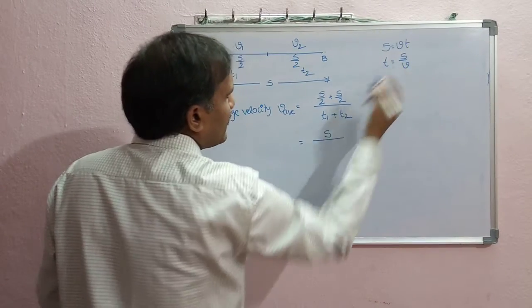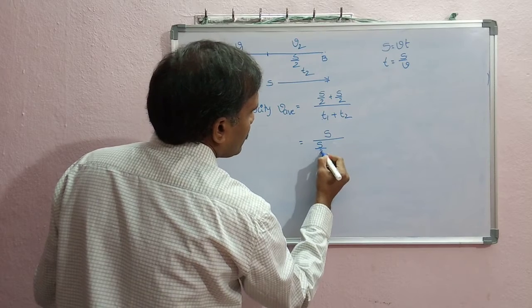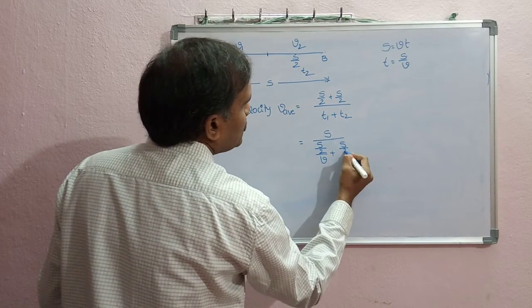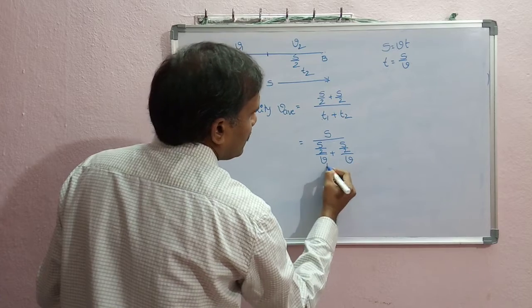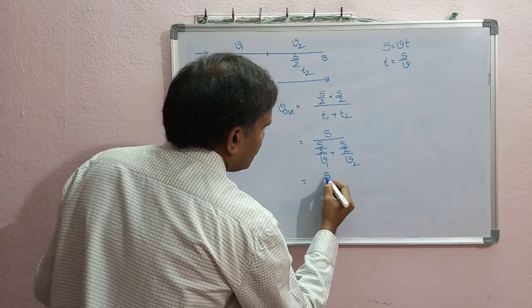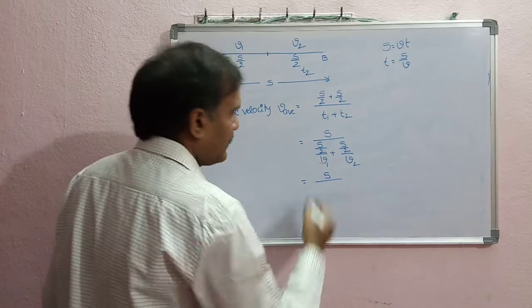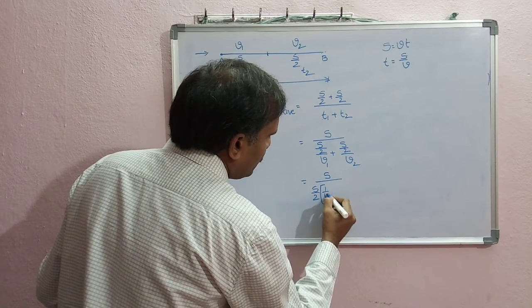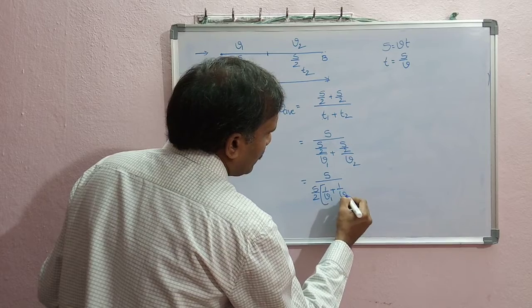S by 2 divided by V1, plus T2 becomes S by 2 divided by V2. Then S whole divided by S by 2 is taken as common, 1 by V1 plus 1 by V2.